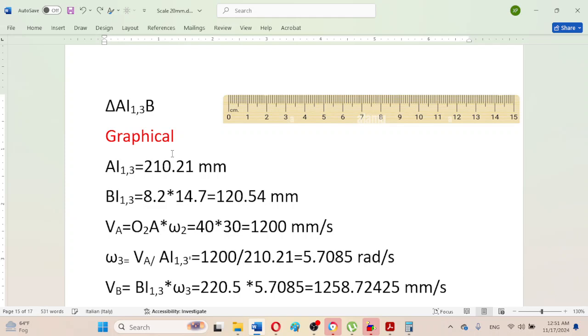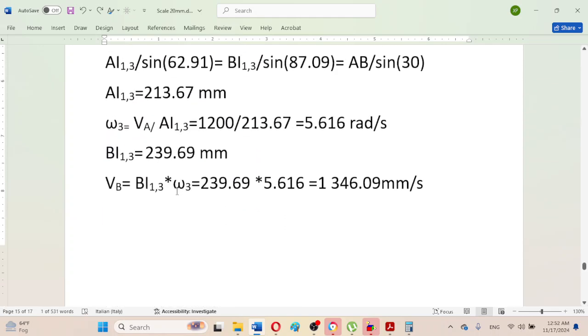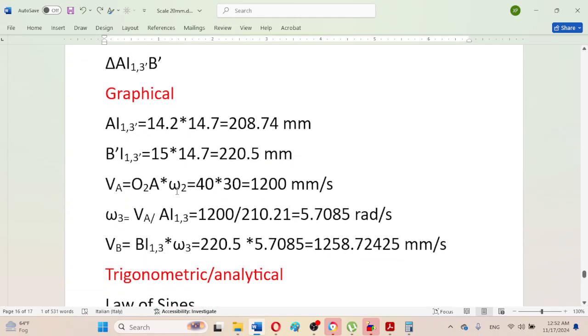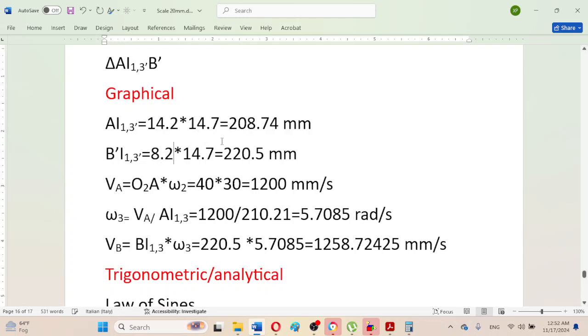Note here, the symbols were changed here, so that was equal to 8.2 centimeter, so that came out to be equal to 120.54.